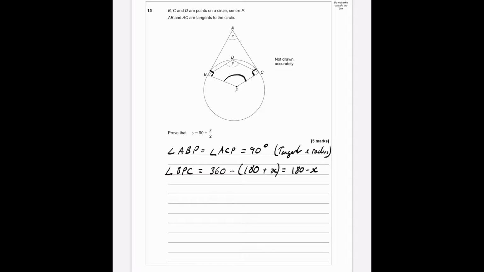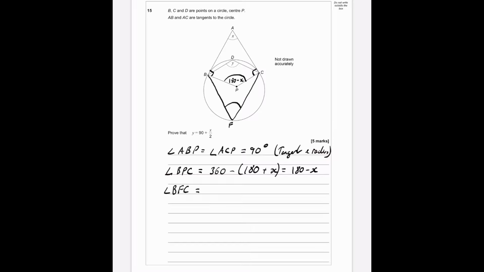Now for this one, I have added in a couple of extra lines to create a cyclic quadrilateral. So you can pick any point on the circumference, somewhere towards the bottom, and if we join that point up with points B and C, it allows us to use the circle theorem that tells us that the angle at the centre is twice the angle at the circumference. So we know the angle at the centre is 180 subtract x.